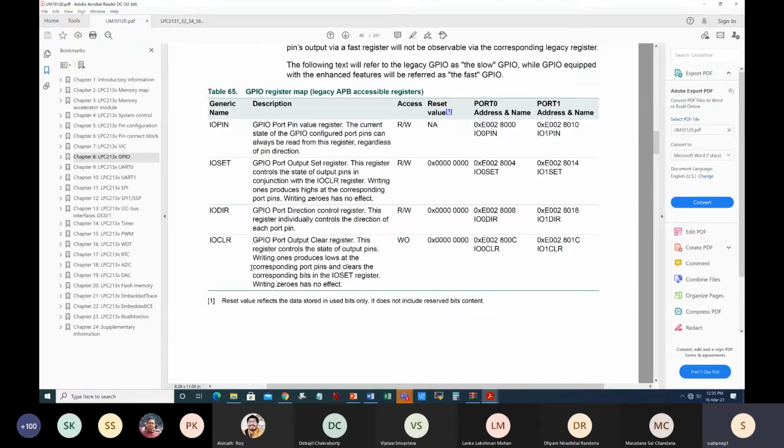But it adds problems: it increases area on your chip, it increases power consumption, and it adds one more register which has to be programmed. They could have done it with a single IO data register where all 32 bits work simply: if you give 1, that particular output goes to 1, and if you give 0, the output will be 0. That is how most other microcontrollers do it.